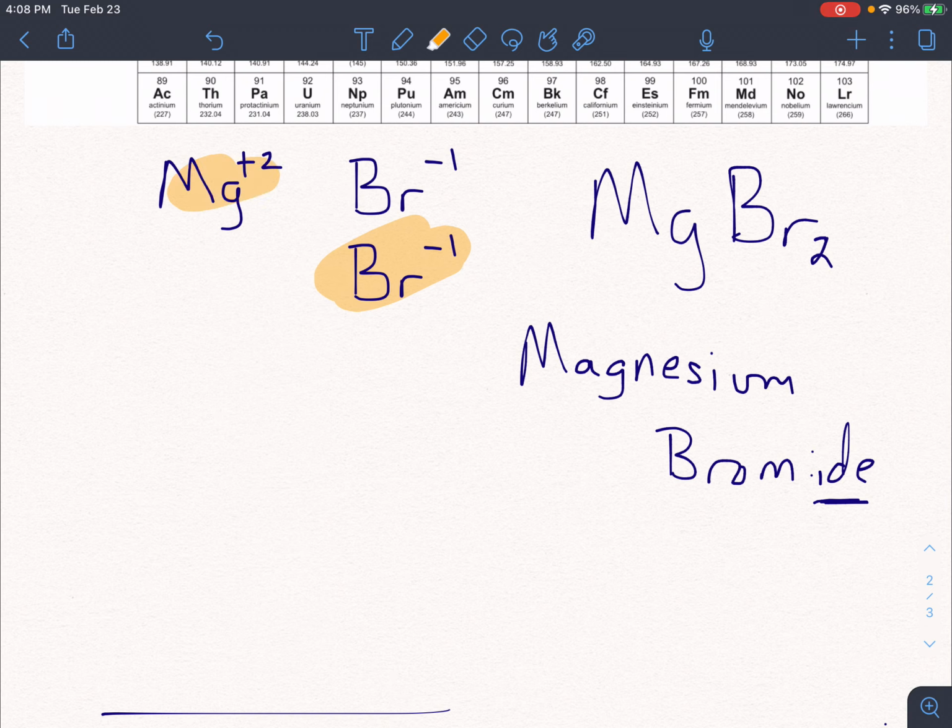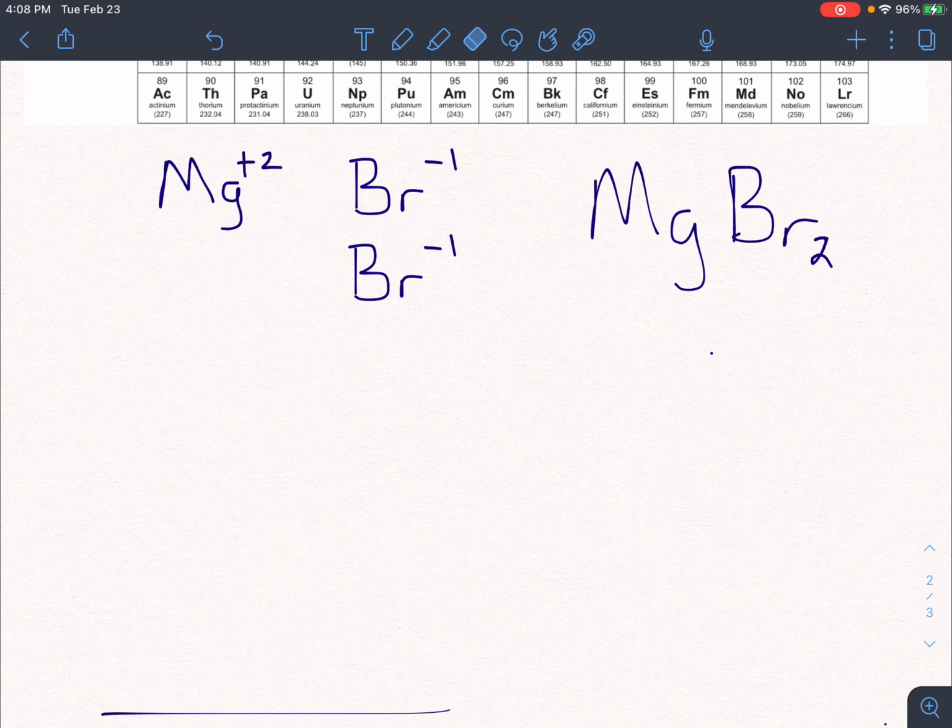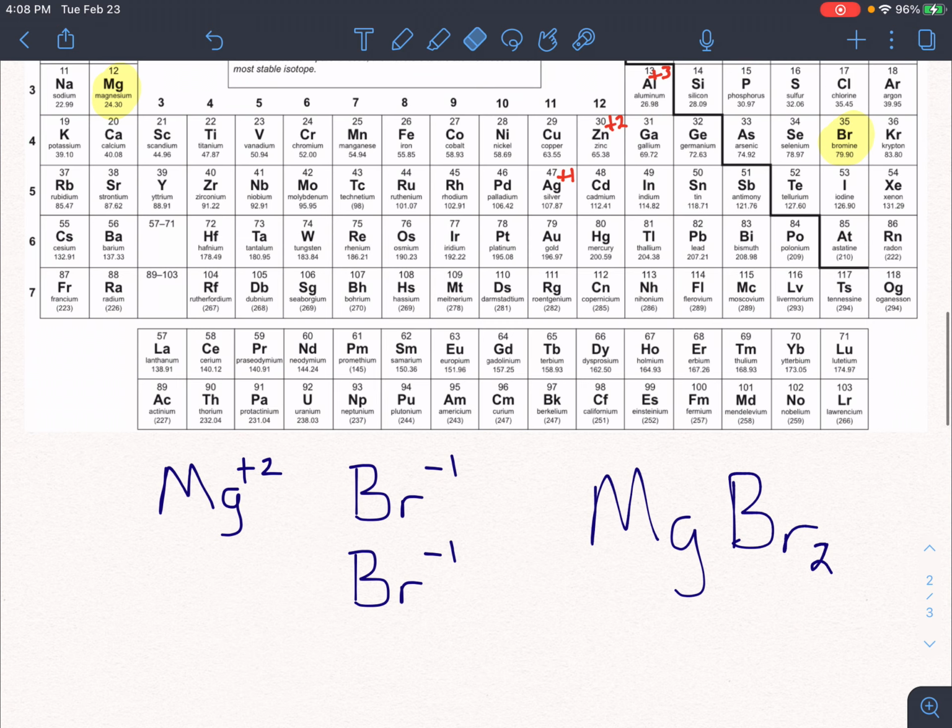And we call this a magnesium ion. For metals, we don't change the name. We literally just add the word ion to the end. So that's why sometimes you'll hear me say magnesium bromide instead of bromine, because I'm trying to point out that it's an ion. Okay, let's try another example.